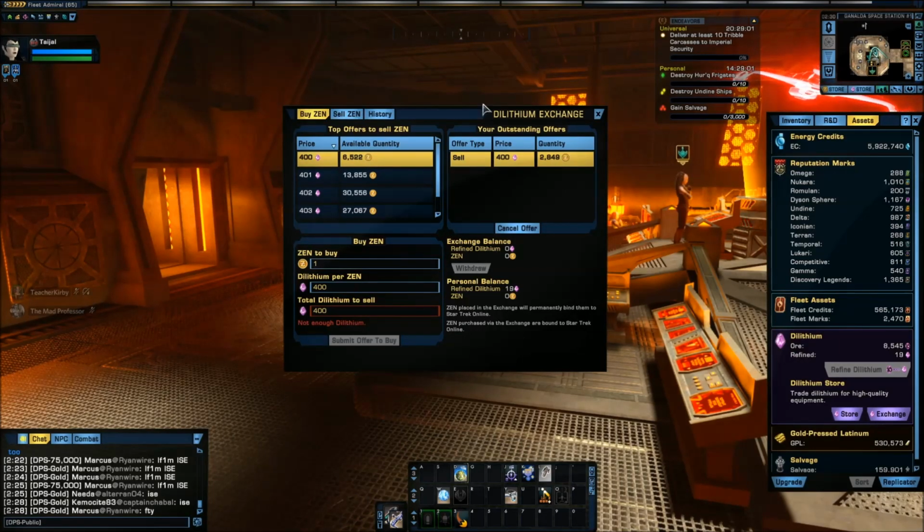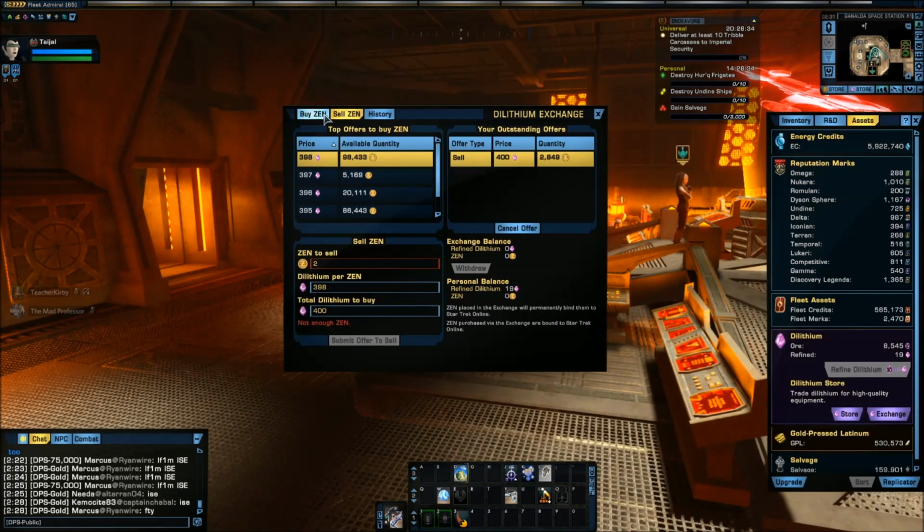Okay, so once that happens, then I'm going to want to buy Zen back to complete this cycle so that I get more Zen than I started with. Okay, so in order to do that, once I have dilithium again, then I'm going to look at whatever the price is on the sell Zen side, and that is currently 398.